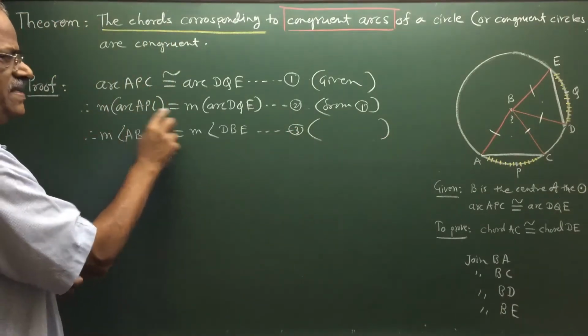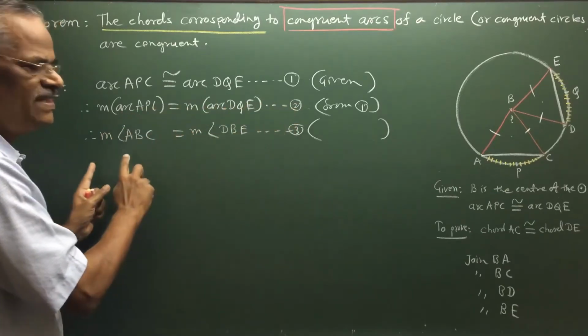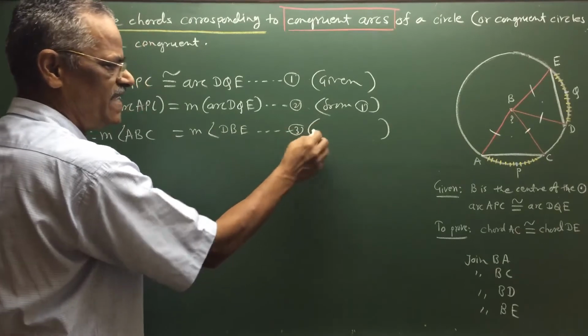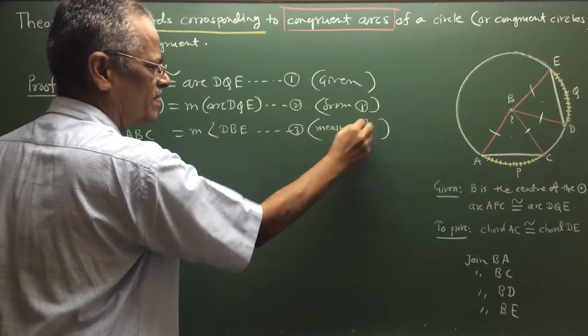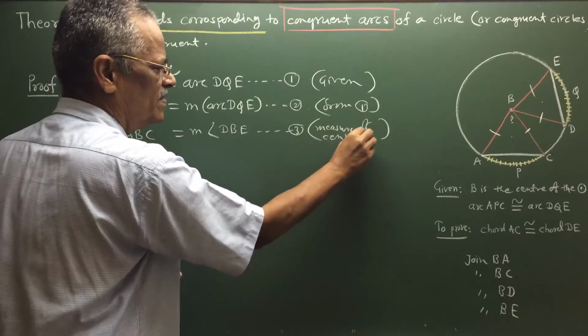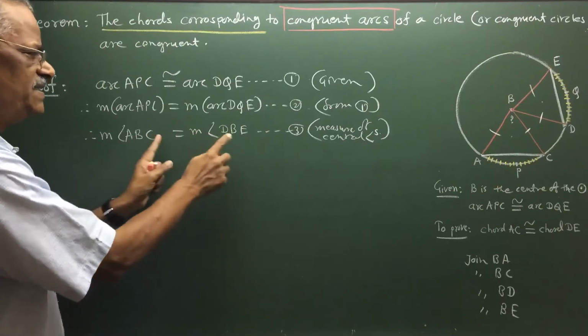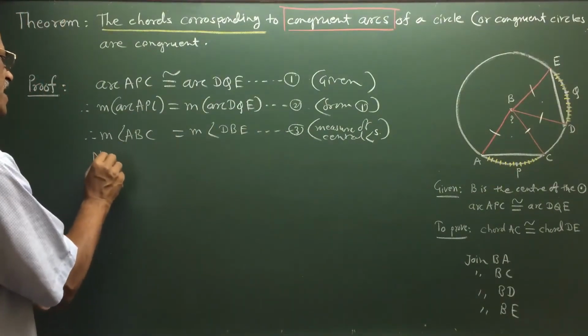What is proved here? When the arc measures are equal, the central angles are equal.